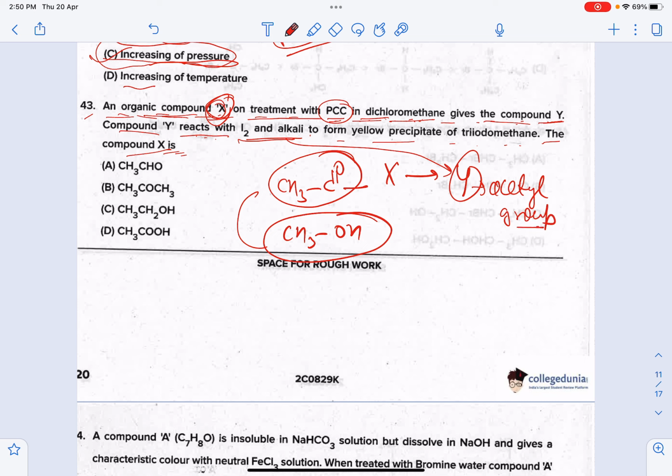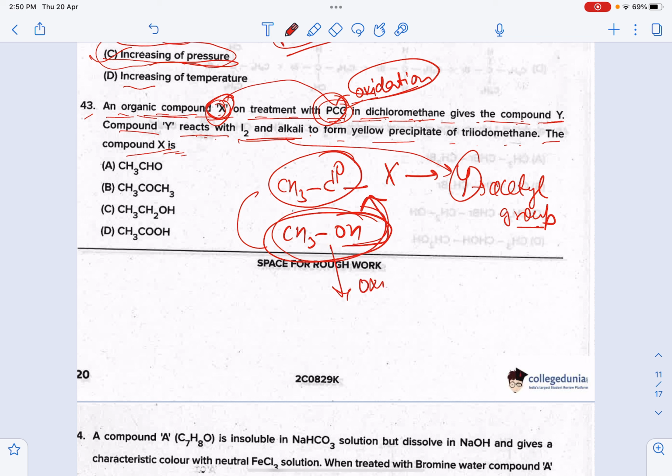PCC performs oxidation, and oxidation of this alcohol will give acetone. This is possible only with an alcohol, so our X will be an alcohol.